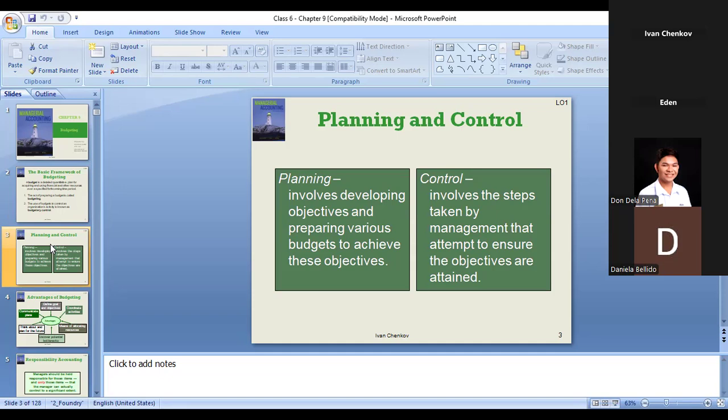The second thing is that we're going to use the budget for control purposes. What does control mean? If you still remember, control is not something to be scared about. Control is simply the process of comparing where you currently are versus where you're supposed to be. Where you're supposed to be, you see on the budget.